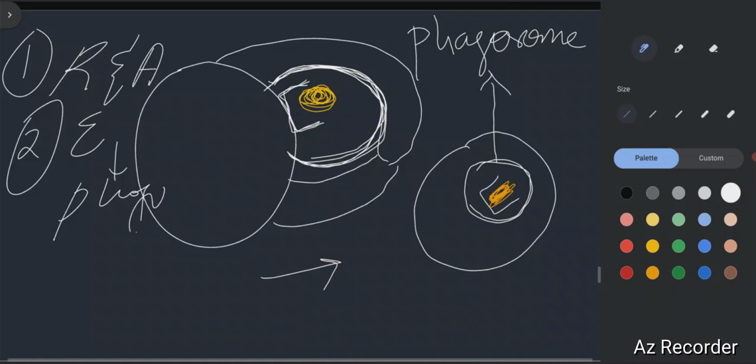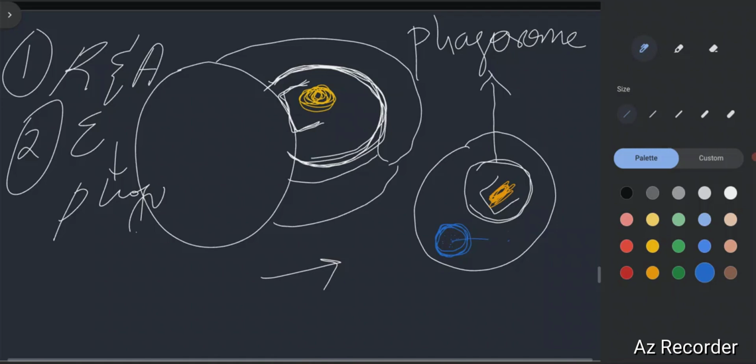You know that in every cell of our body we have an organelle known as lysosome. Lysosomes have certain kind of enzymes within itself, right? If these enzymes come out of this membrane bound organelle, if the enzymes come out of lysosome, they will destroy the cell. You know that very well, right?